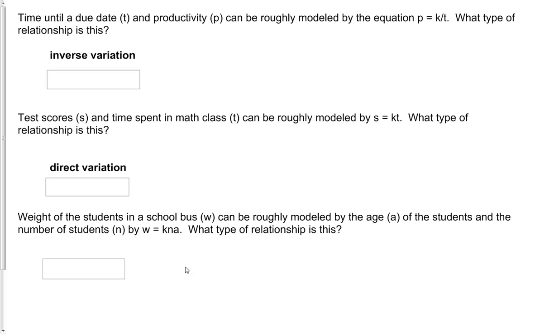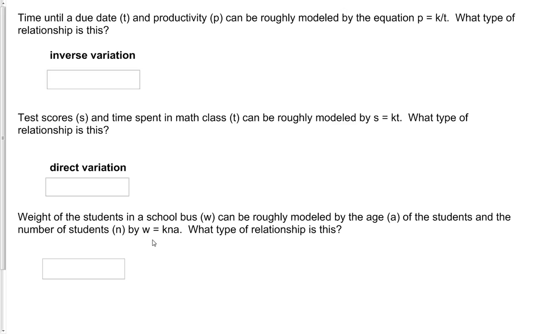Last example here, the weight of all of the students in a school bus, modeled by W, can be roughly modeled by the age of the students and the number of students. So the older the students get, the more the weight of the students in the school bus. The more students you have, the more all of the students in the bus are going to weigh because you just have more people.